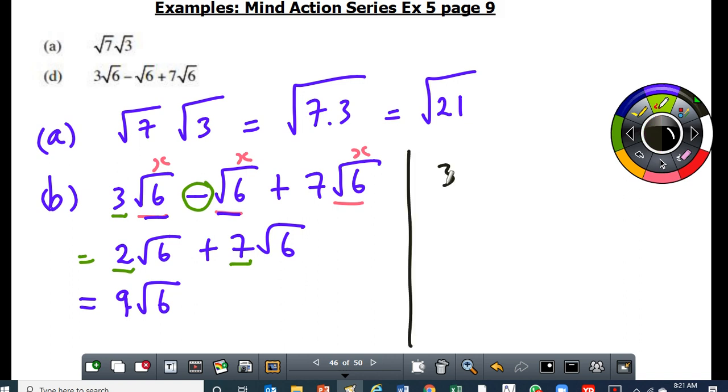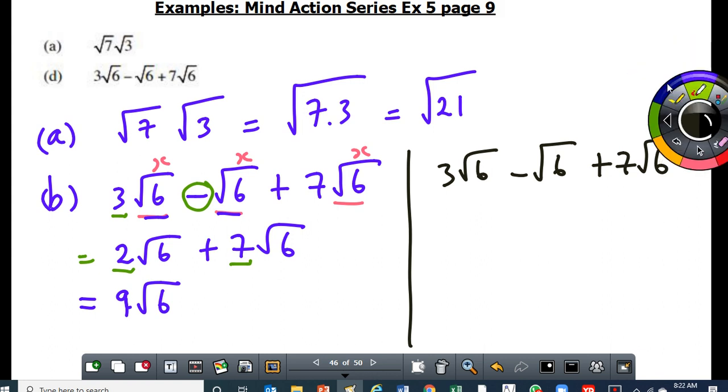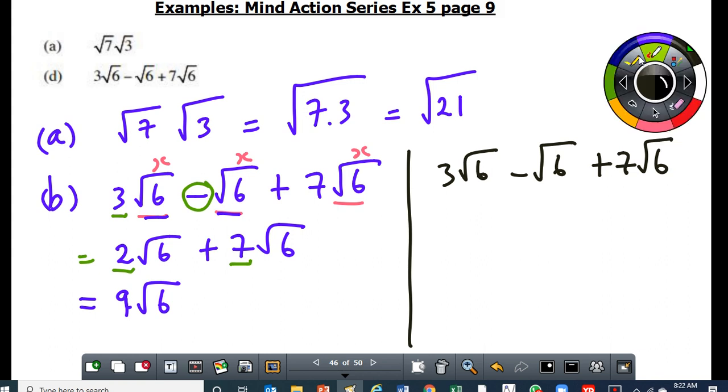I'm going to rewrite the question as 3 square root of 6 minus square root of 6 plus 7 square root of 6. Now, let's use factorization. Maybe you can understand it that way. Okay? If you don't understand it from an addition and subtraction of algebraic terms, let's use our knowledge of factorization.